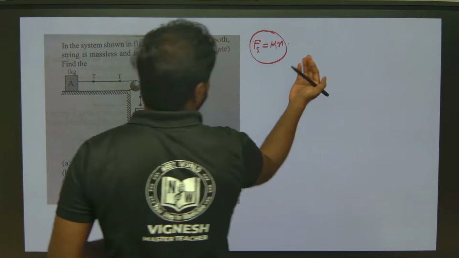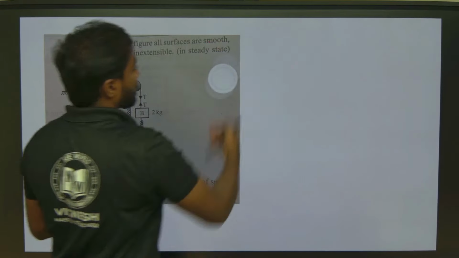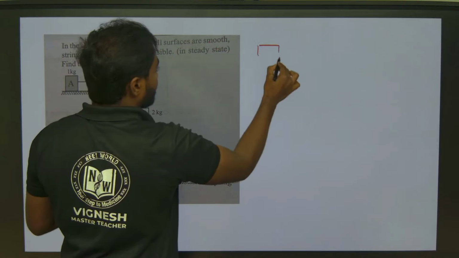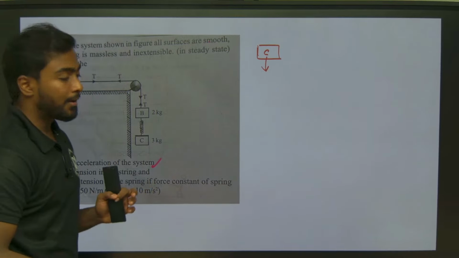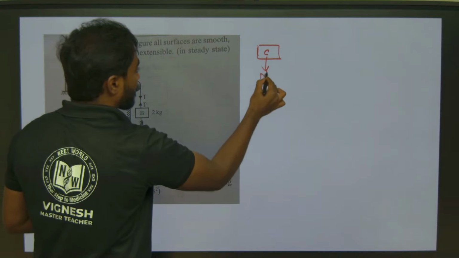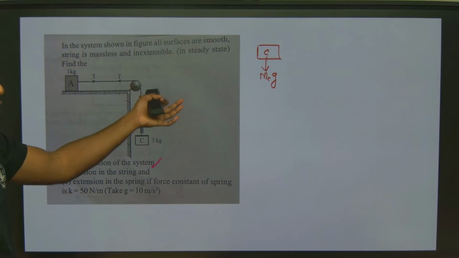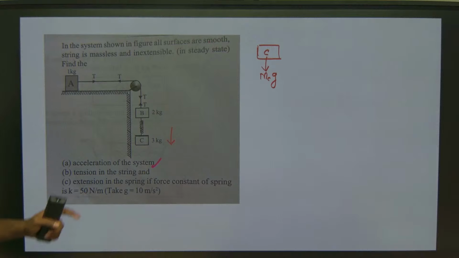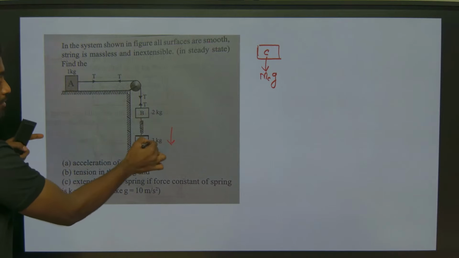We know that spring force is kx. If I draw the free body diagram for block C, towards down it is the mass of block C and the gravity, that is weight, and towards up will be my spring force. This is my acceleration direction. This is 1 kg, this is 1 kg, and this is 2 plus 3, 5 kg.